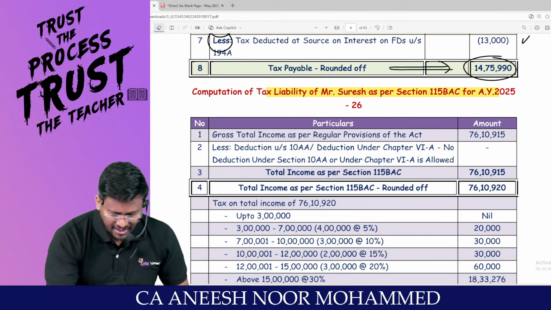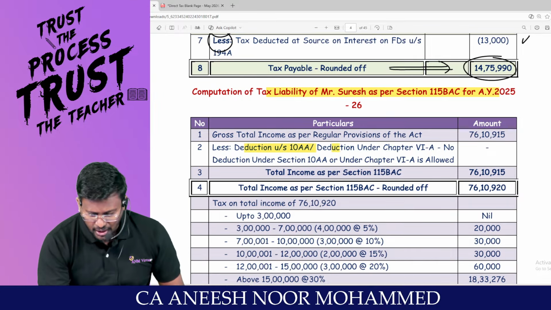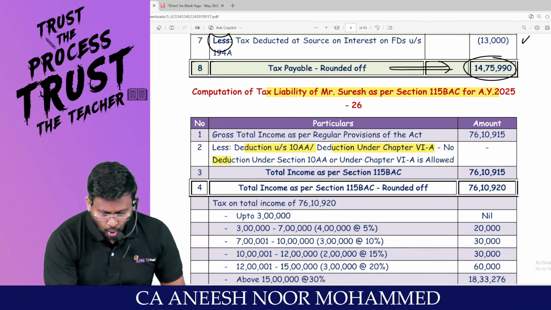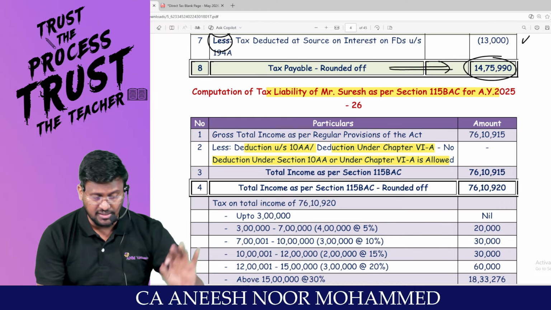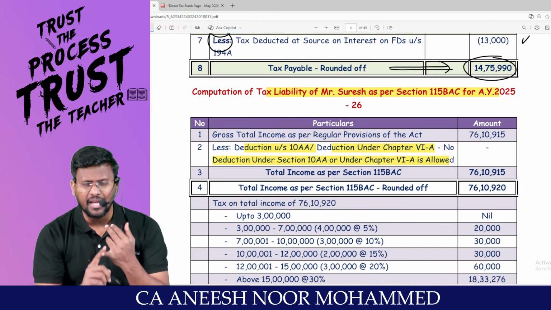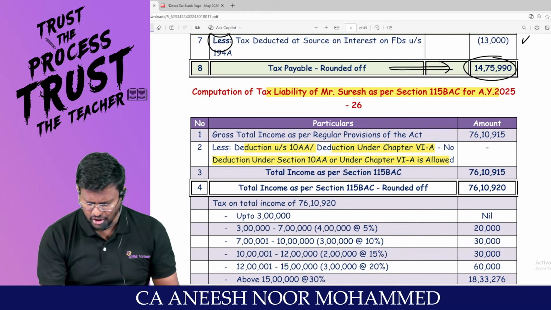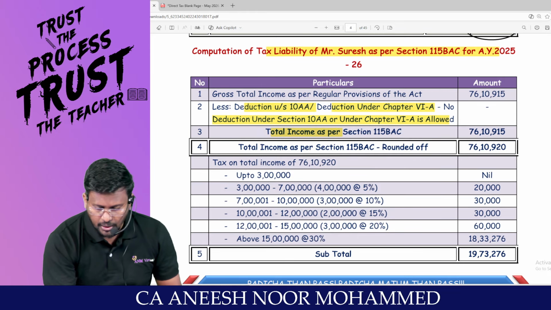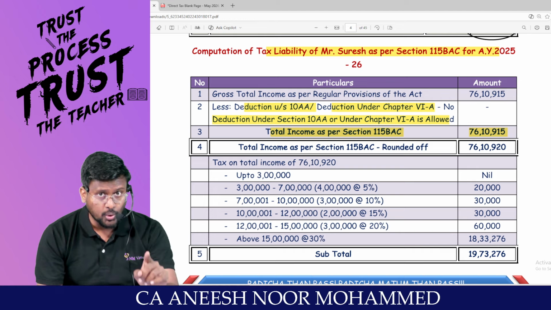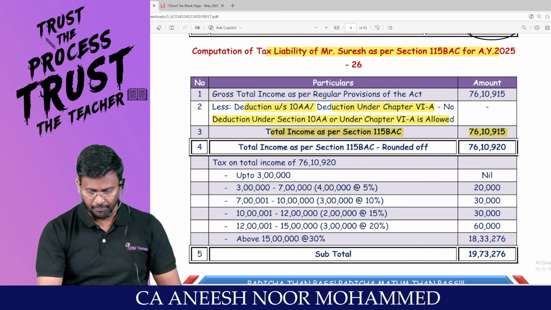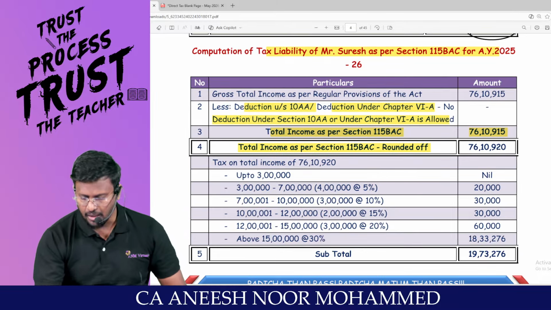Less deduction under 10AA: no deduction under 10AA and Chapter 6A is allowed. Under the default tax regime, there is no concept of 10AA, no concept of 35AD, no concept of Chapter 6A deduction. You will be getting total income as per 115BAC. That will be the gross total income as per the optional tax regime. Since the last number is 5, total income as per 115BAC is rounded off.